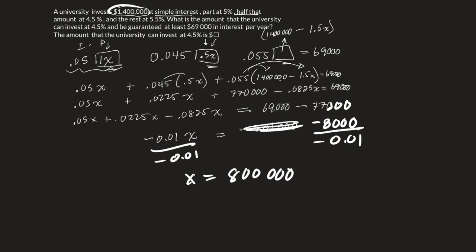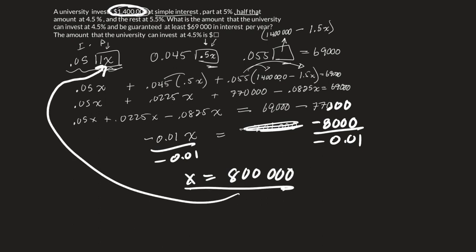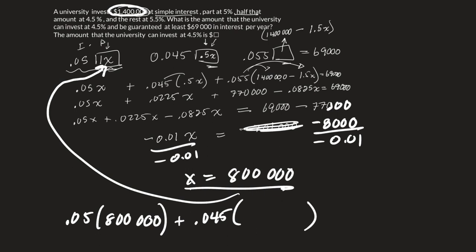Just recapping where we're at. They have 1,400,000 to invest. I came up with x, so at 5%, I should invest 800,000. Then at 4.5%, it says I should invest half of that.